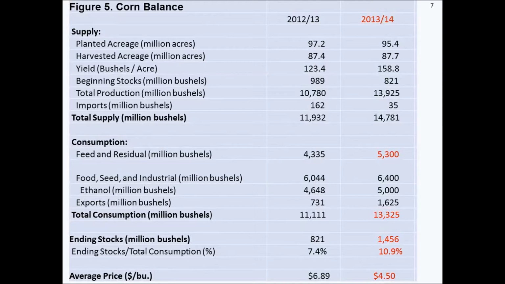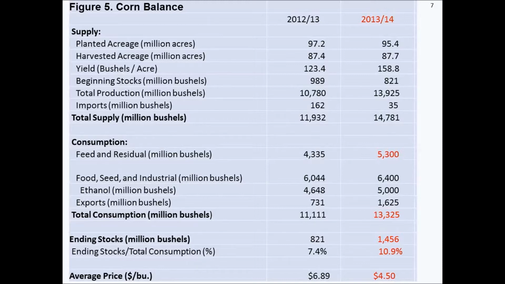Or is there enough difference there that we should expect in the upcoming WASDE report that USDA might change the projection of feed and residual use, 5.3 billion bushels, as shown in the balance sheet here in Figure 5.